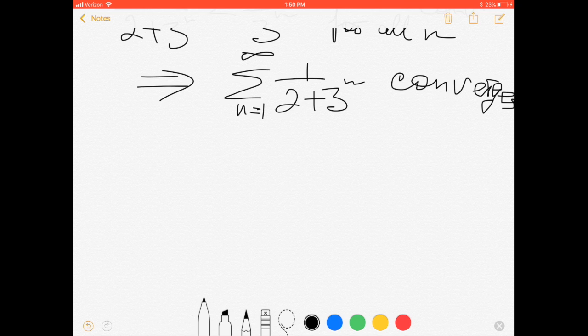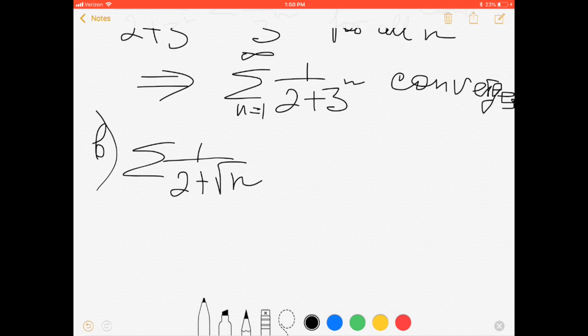Let's see one more example, example B. Here I have the series 1 over 2 plus square root of n, starting from 1 to infinity. We try to find something greater, so we look at the series 1 over square root of n.